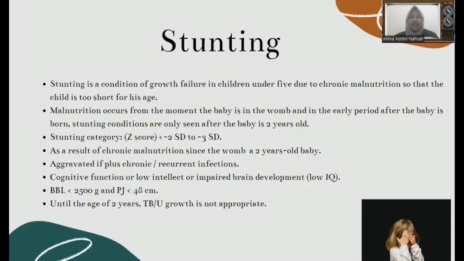Okay, let's see the next, which is stunting. Do you know stunting? Stunting is a condition of growth failure in children under 5 due to chronic malnutrition, so that the child is too short for his age. For example, a baby is 2 years old but looks 1 year old. Malnutrition occurs from the moment the baby is in the womb and in the early period after the baby is born.